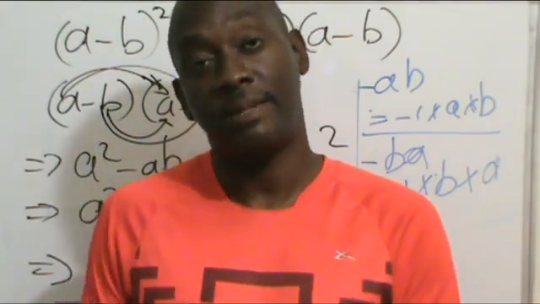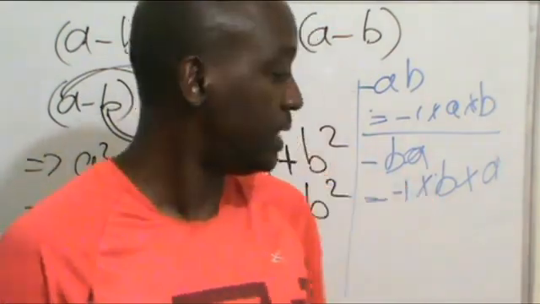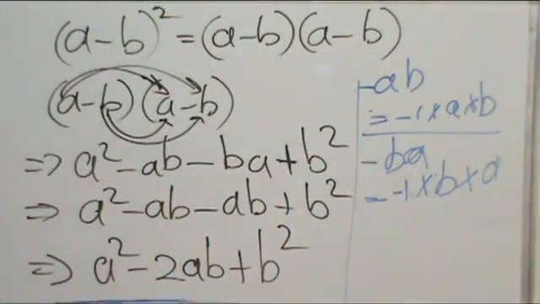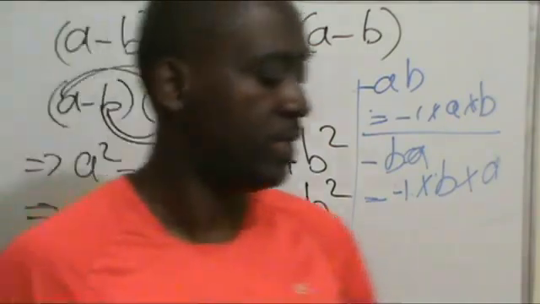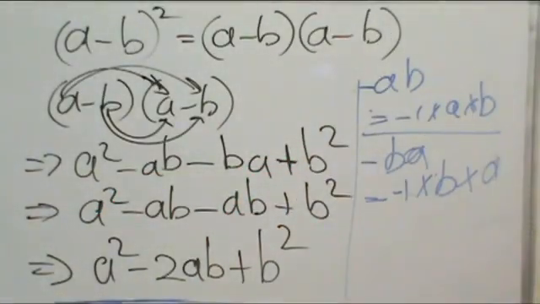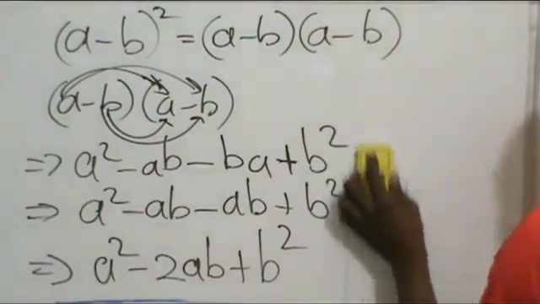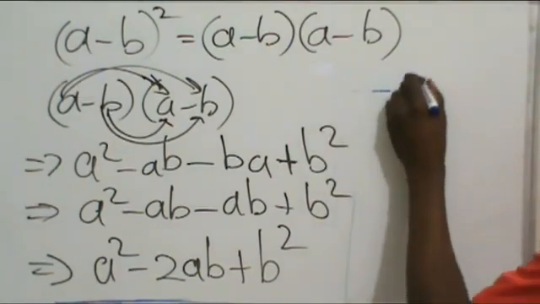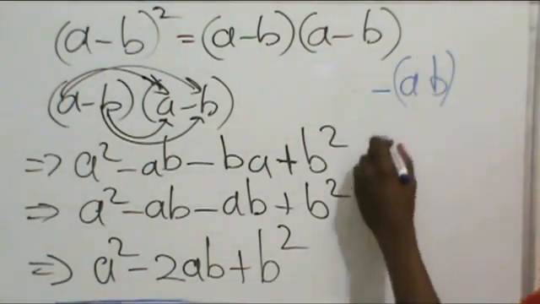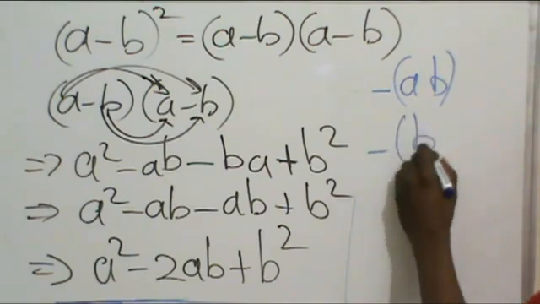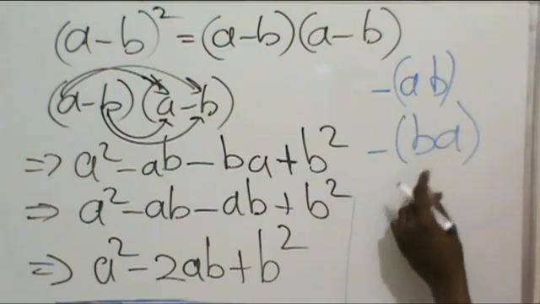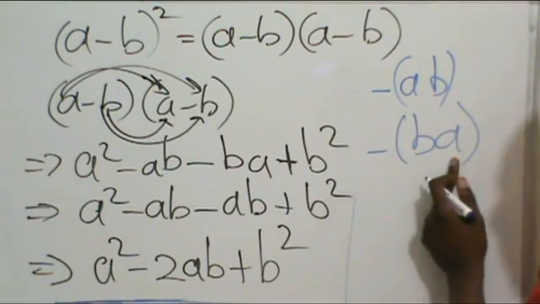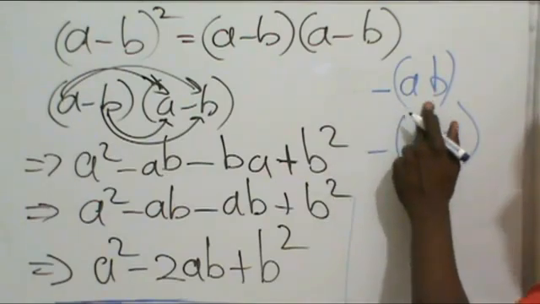If we take the minus sign outside, I'm going to write this over now. I have to clear the board while we're talking here. If I write this as minus (ab) in brackets, and I write this as minus (ba) in brackets, it's just a minus sign multiplied by ba, and a minus sign multiplied by ab.